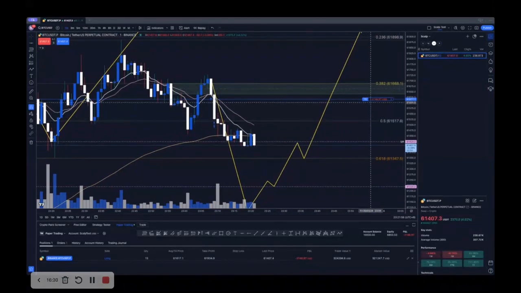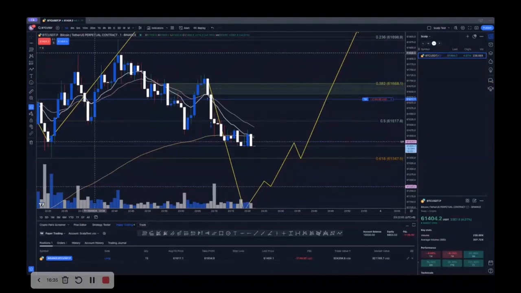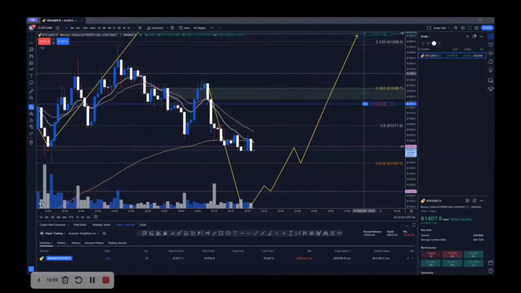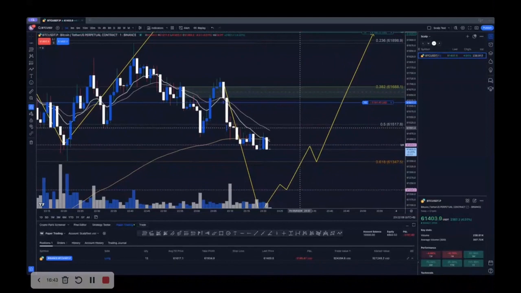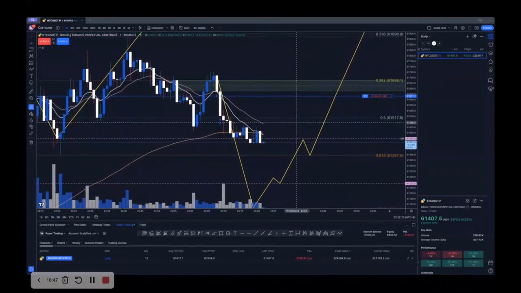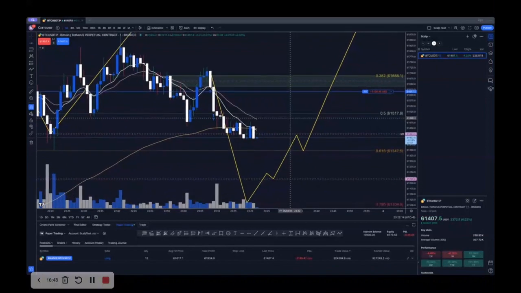So there's 15 of the 0.1 Bitcoin price. So 15 is not huge really for a $10,000 account. Yeah, most people don't have the patience to wait out. So they just bounce.